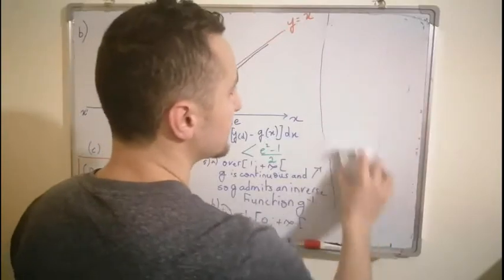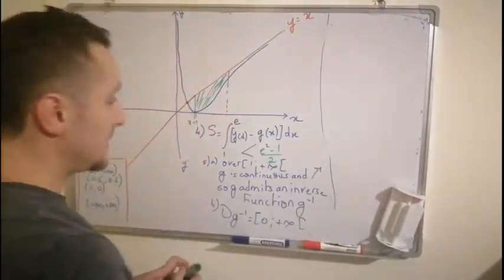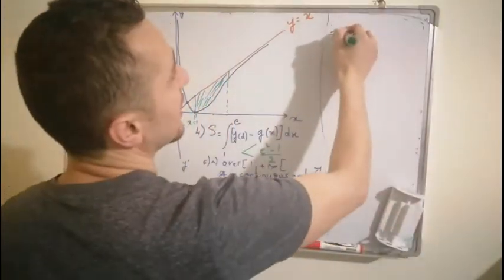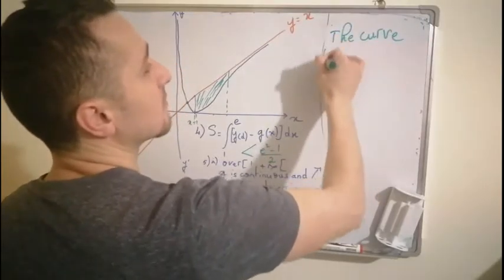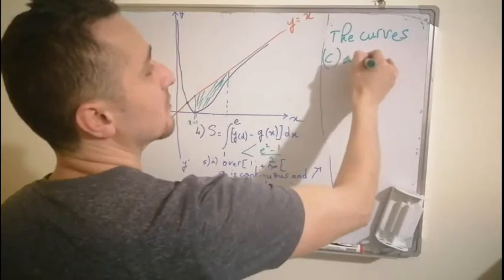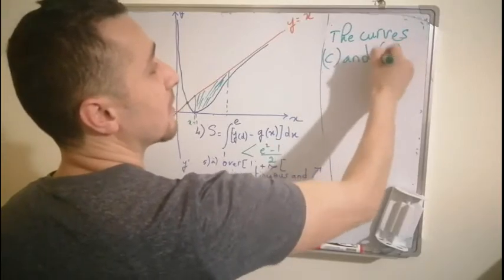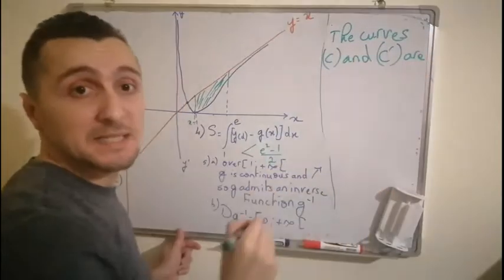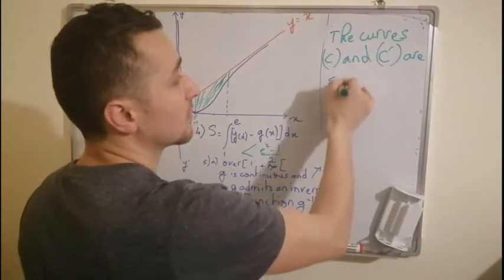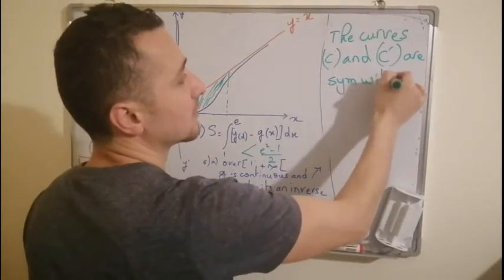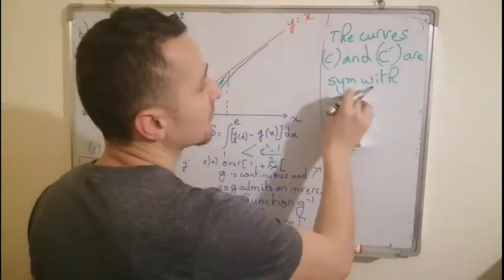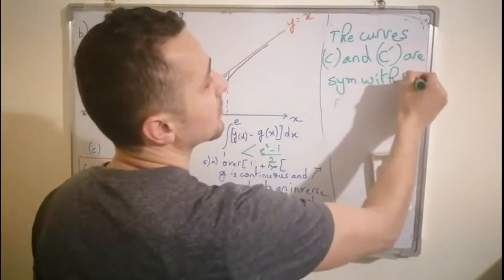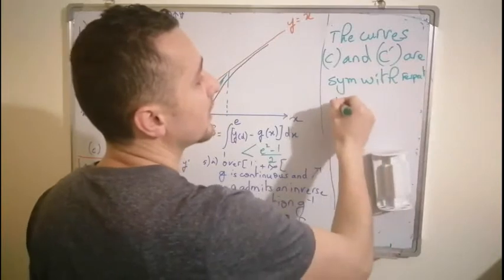The two curves C and C prime are symmetric with respect to y equals x.